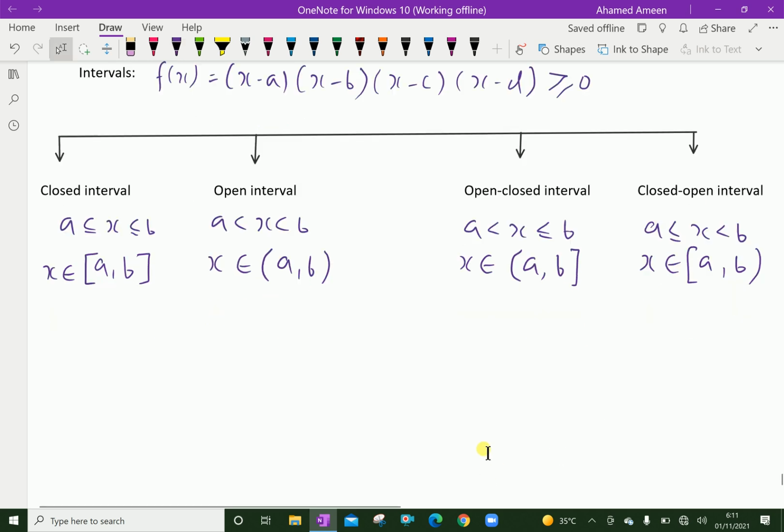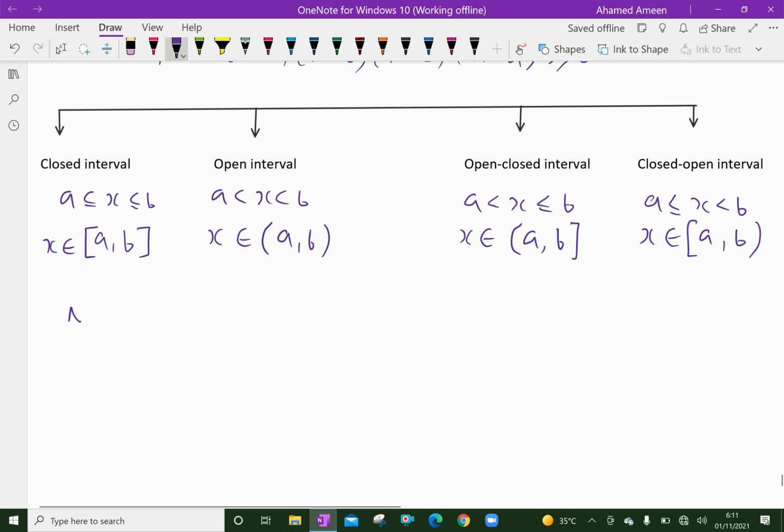Here, note this point. If x is greater than or equal to a, then it's included: a to infinity. That means x can reach a and more than a up to infinity.